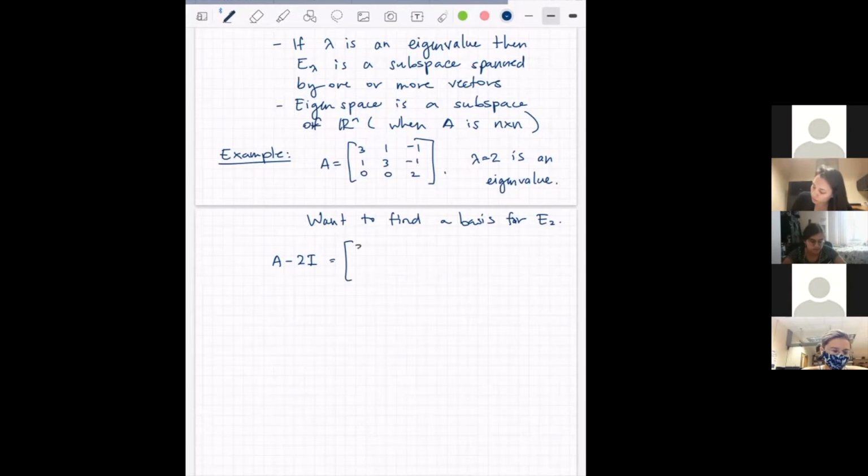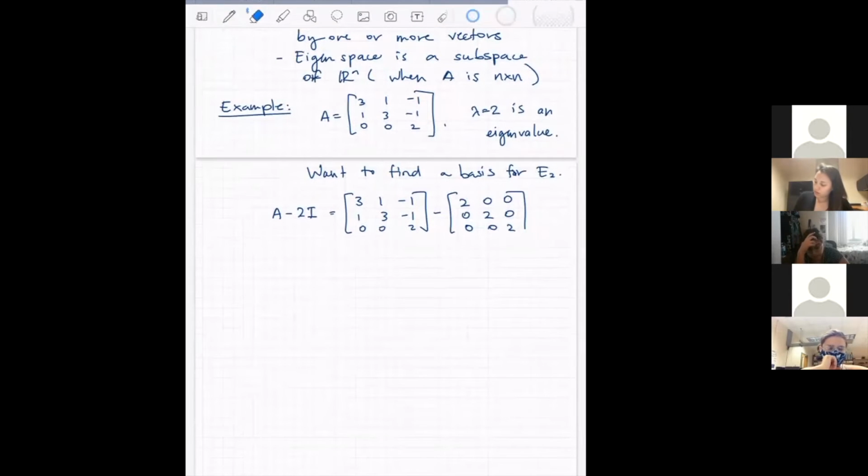So this will be the matrix A minus 2 times the identity matrix. So it will just be 2, 0, 0, 0, 2, 0, 0, 0, 2. Right. So if we compute this, we get 1, 1, minus 1.